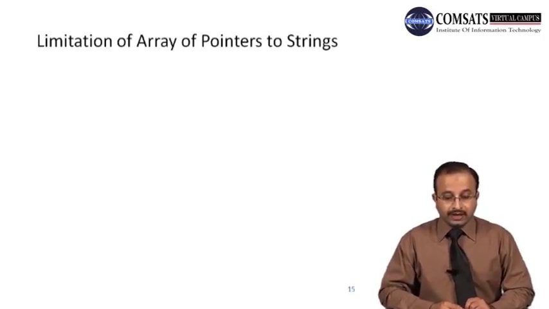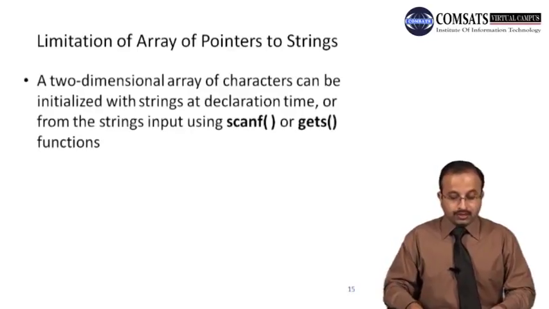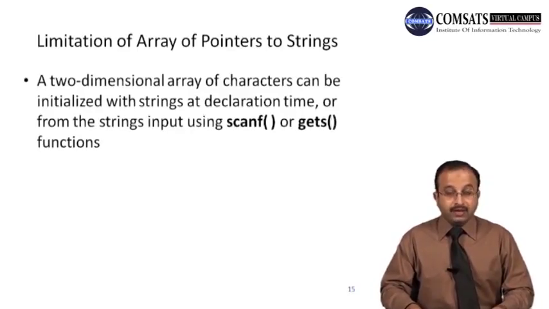Let's see the limitation of array of pointer to string. A two-dimensional array of characters can be initialized with strings at declare time, as we have already seen, or from the string input from the scanf function or gets function.